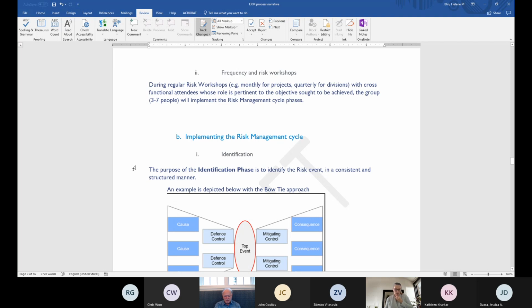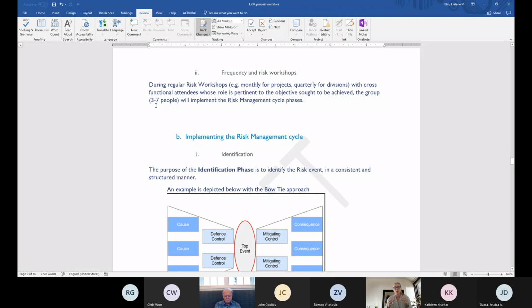Okay, so also I suggested here a magnitude of group of people, because when you have 15 people in the room, experience shows that only 3, 4, 5 people speak and the rest do not.